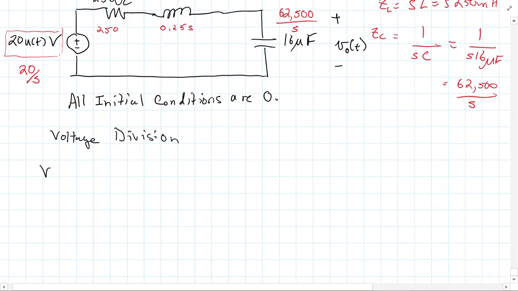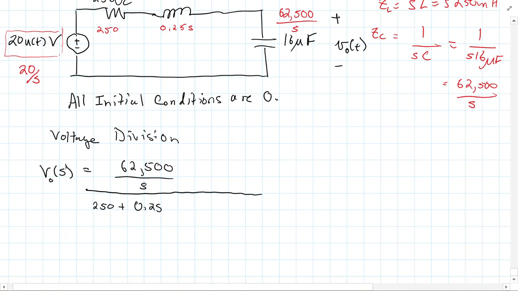V out at S is equal to 62,500 over S, because that's the circuit element we're looking at, divided by, since this is a series circuit, everything added up: 250 plus 0.25 S plus 62,500 over S. Then I multiply by my input voltage, which would be 20 over S.